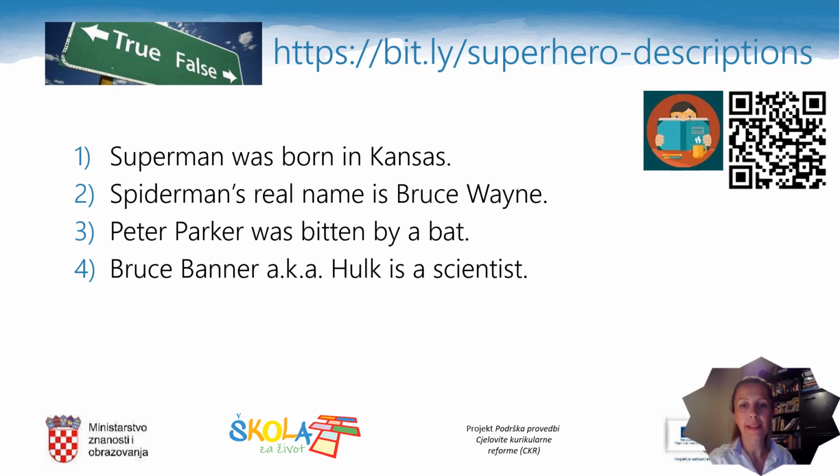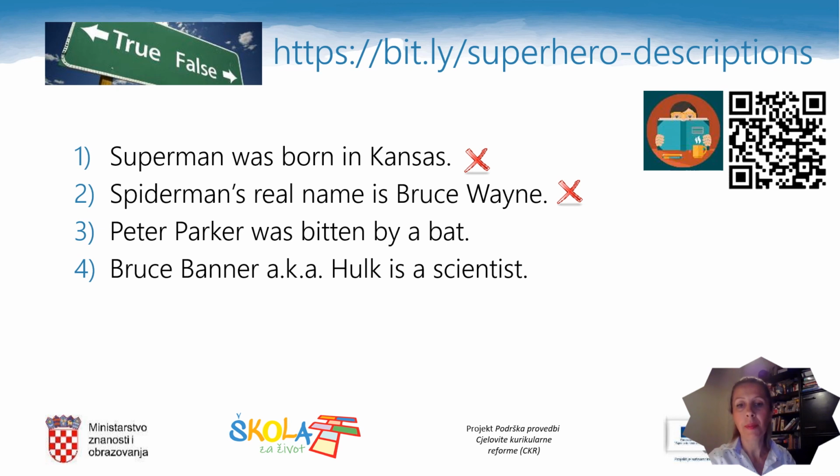Superman was born in Kansas is a false sentence. Superman was born on planet Krypton. Spider-Man's real name is Bruce Wayne. False again. Spider-Man's real name is Peter Parker, and Batman's real name is Bruce Wayne.